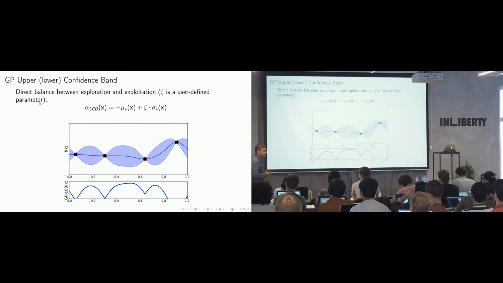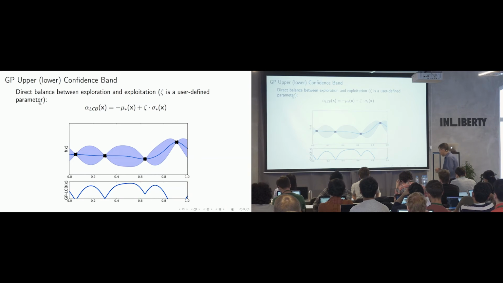Using this initial sample, we construct Gaussian process regression to approximate the black box. Then, using one of these criteria I'm going to talk about, we select the next point at which we evaluate the black box function value.